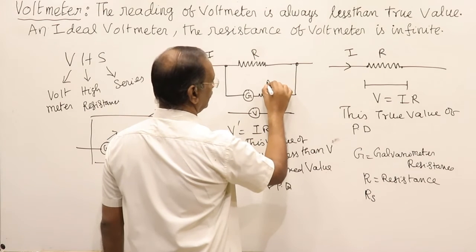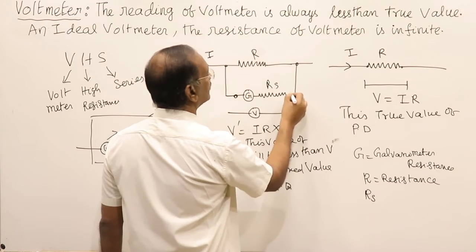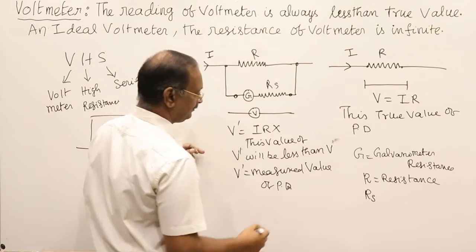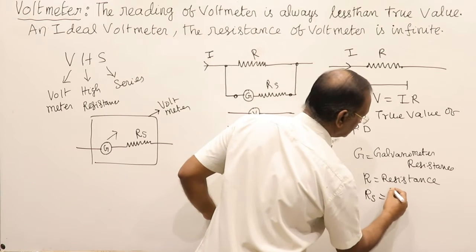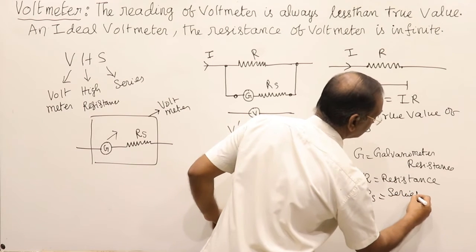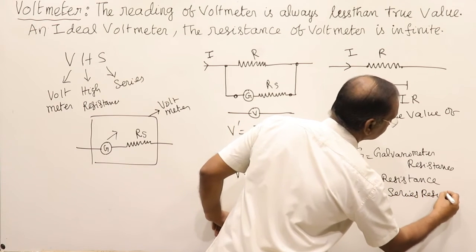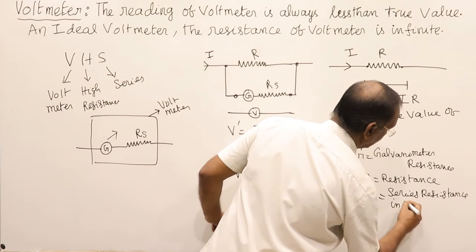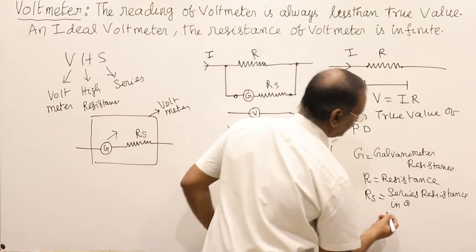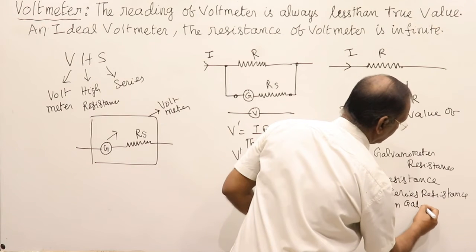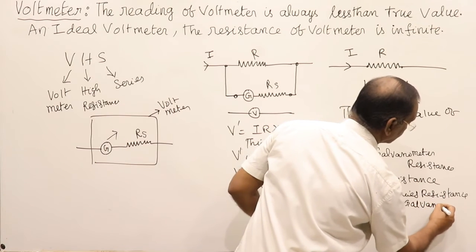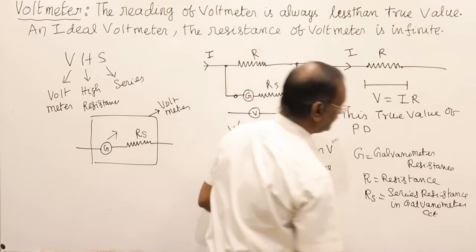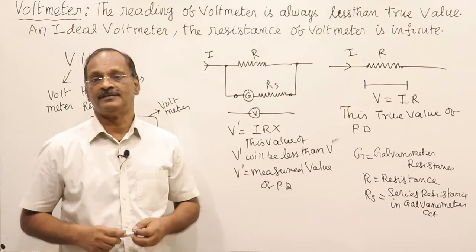This is RS. This assembly we have put here, and this has become a voltmeter. RS is the series resistance in the galvanometer circuit.